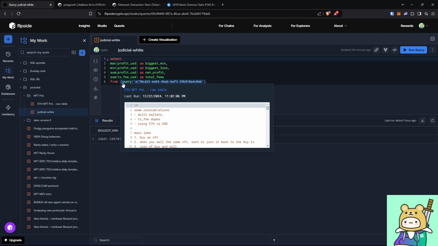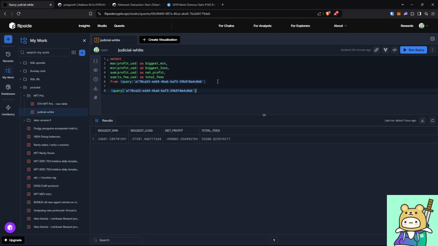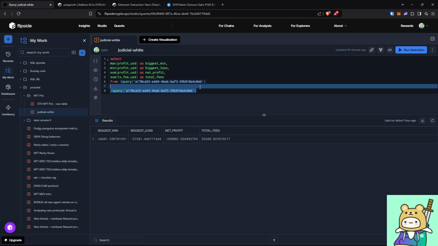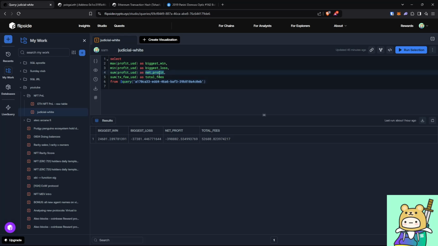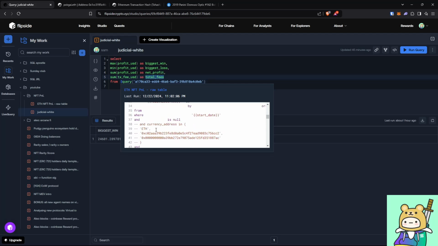And you can just paste whatever reference you just copied. So it looks like this, and then you can do your overview metrics here, like what is the biggest win, biggest loss, net profit, total fees, right? You can make these calculations here when you reference the initial table.